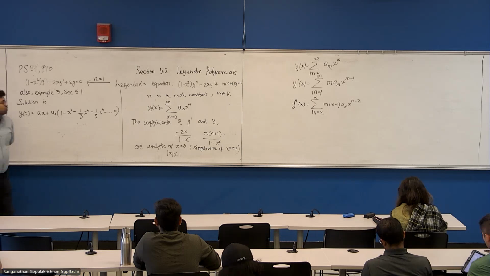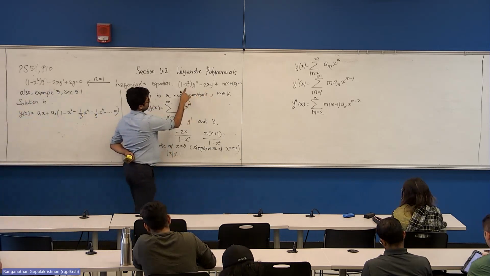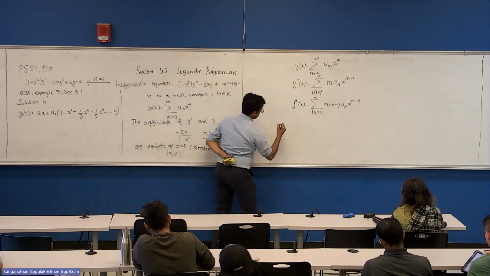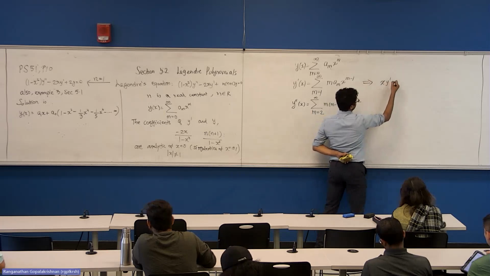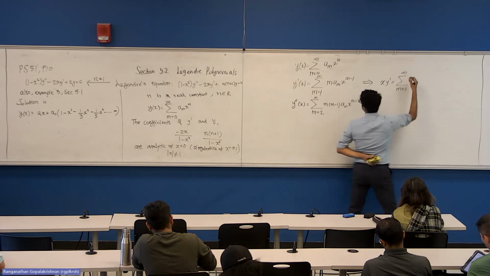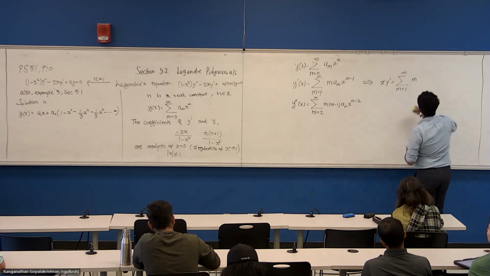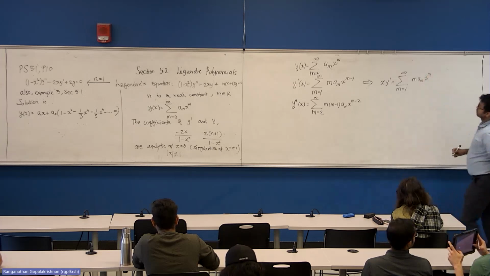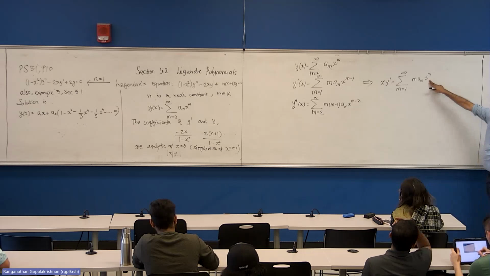Okay. So I want to obtain the terms xy prime and x squared y double prime. So I can compute those. This implies xy prime equal to summation 1 to infinity m times a_m times x power m. I just have to multiply this by x, which gives x power m.